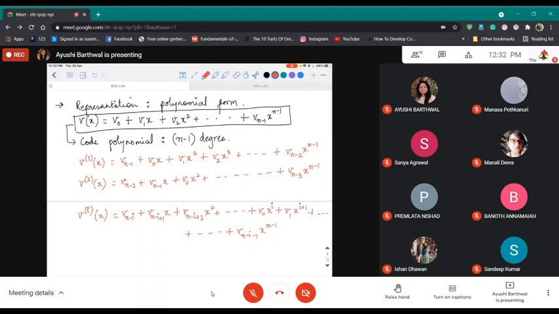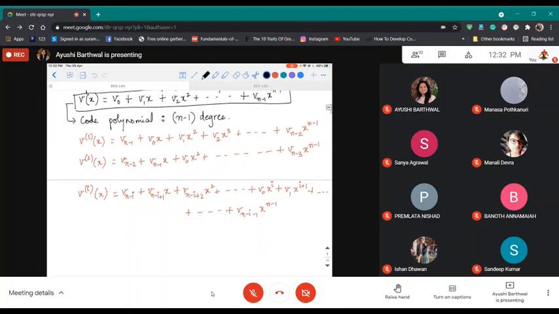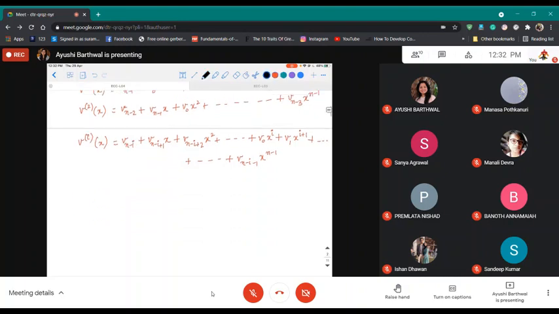So now there is a property of cyclic codes.